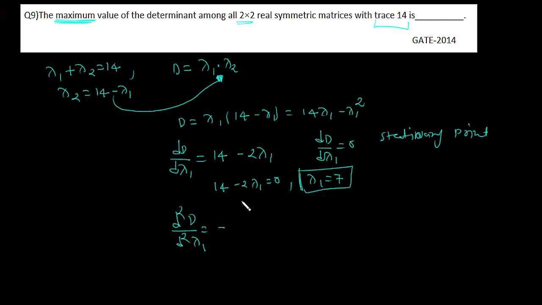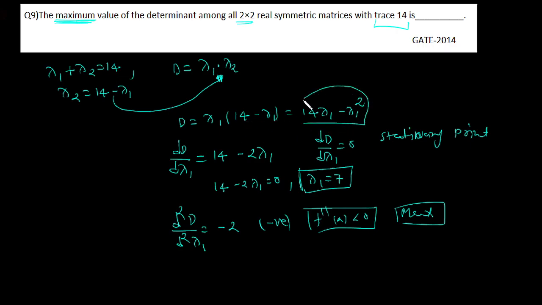The output we get is minus 2, which is negative, and we know that if the second derivative of any function is negative, then it is a maximum. So we can say that at lambda 1 equal to 7, this function, 14 lambda 1 minus lambda 1 square, will be maximum.